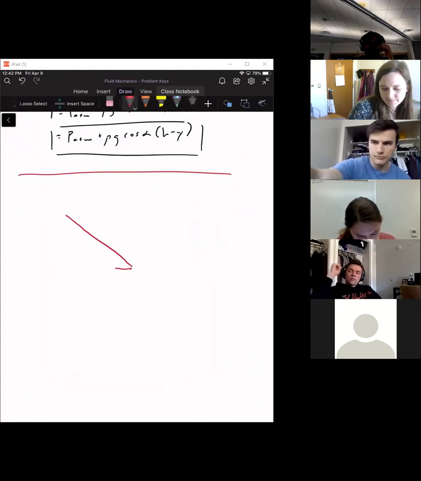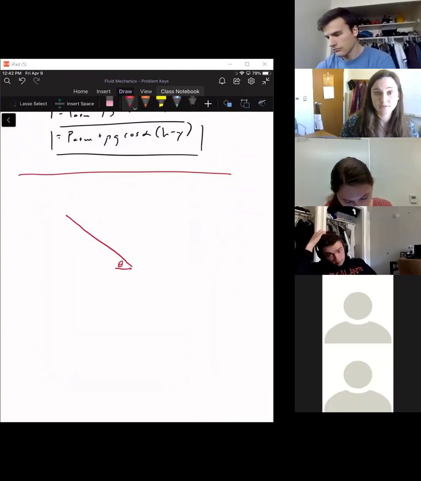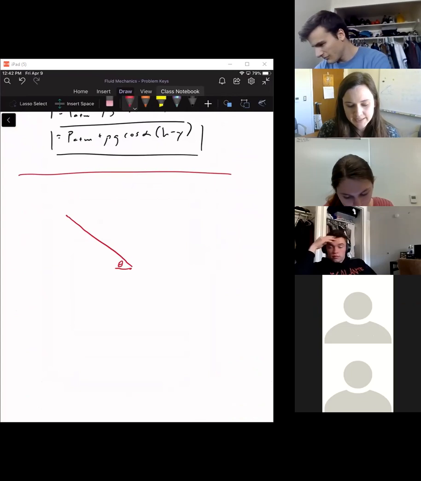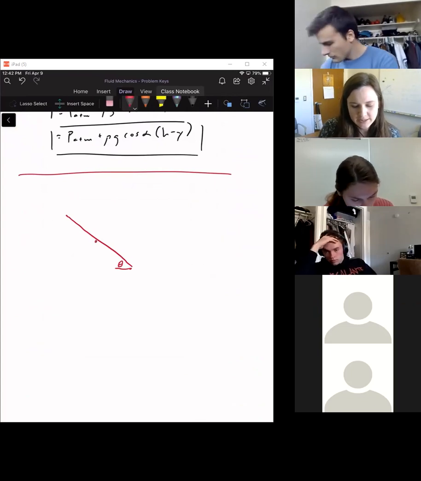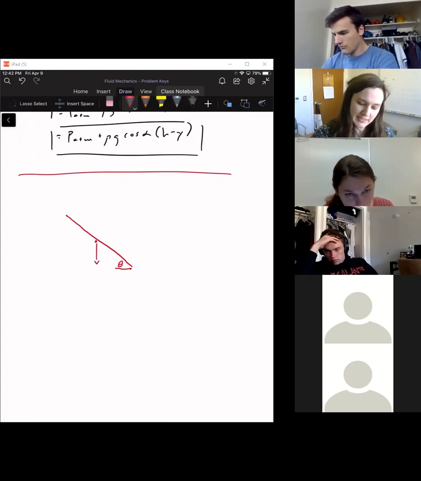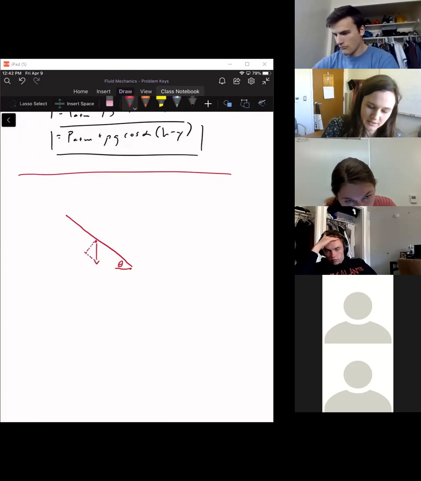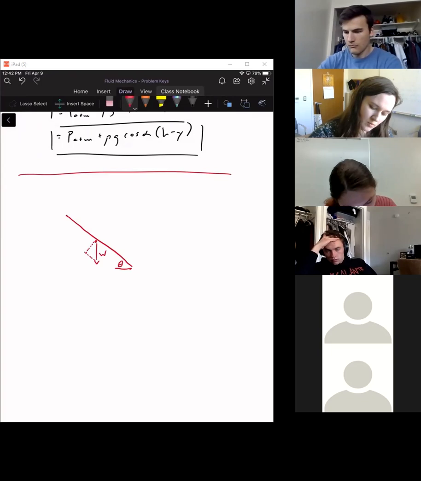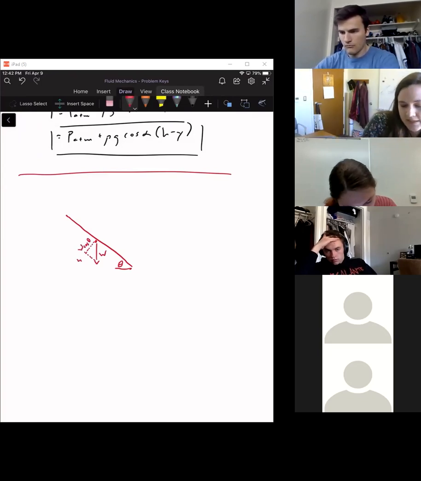Usually we call that angle theta. G, or weight, points down. And what we do is we split that into a component parallel to the slope and a component perpendicular to the slope. So this would be weight cosine alpha, and this would be weight sine alpha.